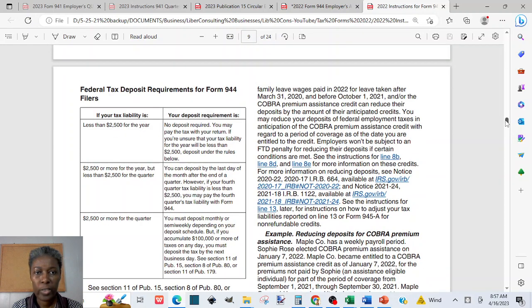The instructions have the detail on when the deposit is required and when it may not be required.